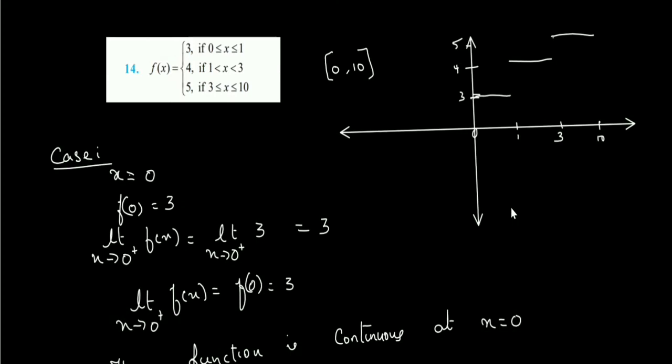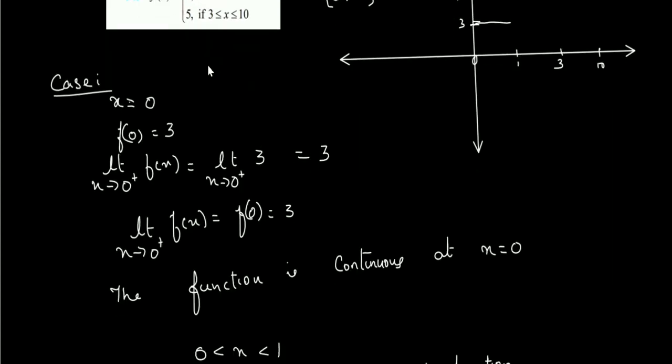Now what is the next point we have to check? At 1, the function is defined on both the left and right sides. So we check the value of the function at 1, then the left limit and the right limit. The functional value at 1 is 3.